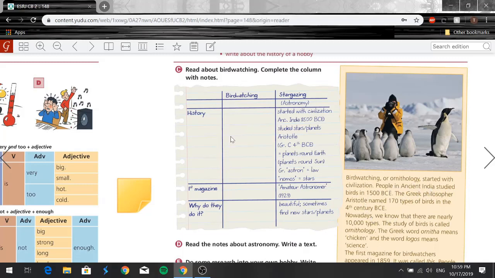We'll say ancient India studied birds in 1500 BCE, right? And we'll say Aristotle named 170 types of birds in the 4th century BCE. And we'll just add a quick bracket here, and we'll say now we have 10,000 types, right?